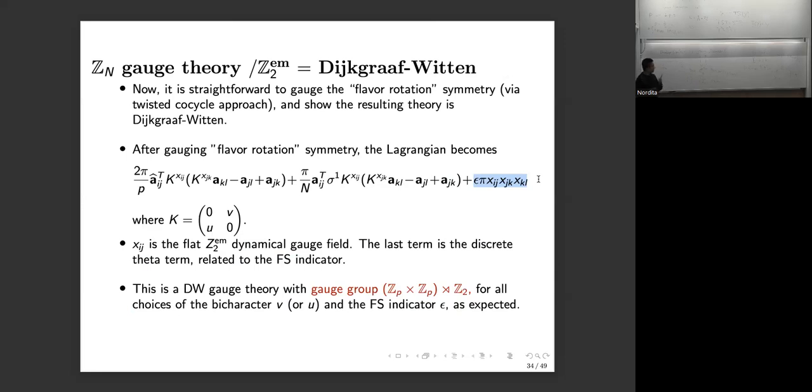We haven't tried that, but when we have a non-trivial cocycle, then there is no longer an EM symmetry, right? That's right. Sorry, I haven't thought about this problem.